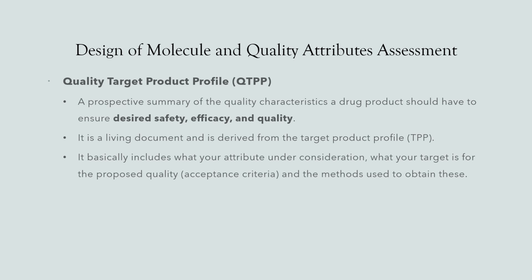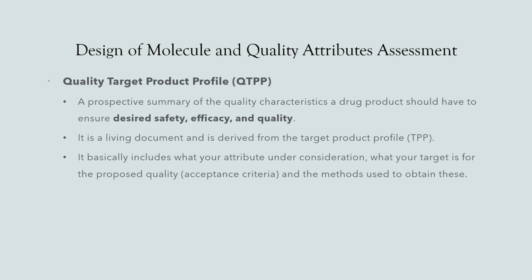It's a monoclonal antibody, but you have to design it with that long-term objective, but you also have to understand the properties and the characteristics, if you like, of your molecule. And this information is gathered in another living document, which is derived from your target product profile, and this is the quality target product profile document.